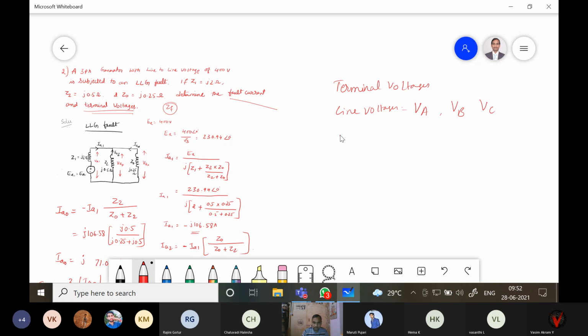To find out VA, VB, VC, we require VA1, VA2 and VA0. Therefore, capital VA1 is equal to j root 3 into small va1.